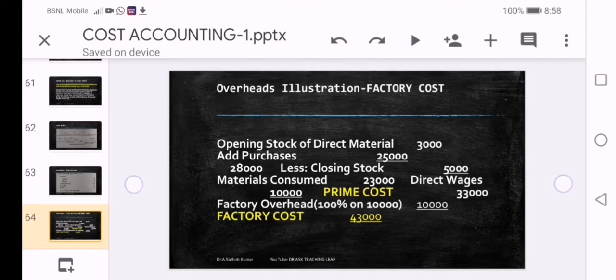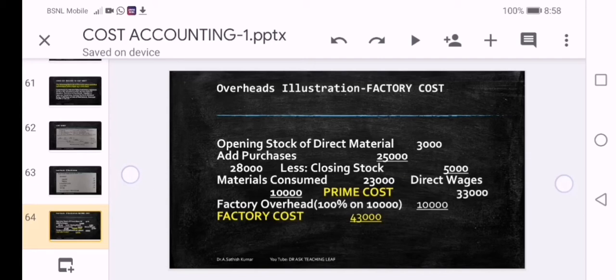But in the question, not only prime cost, he is also asking to find out the factory cost. For that, one note is given at the end of the problem. Indirect factory expenses, that is overheads related to factory, are 100% on direct wages. So the direct figure is not given.